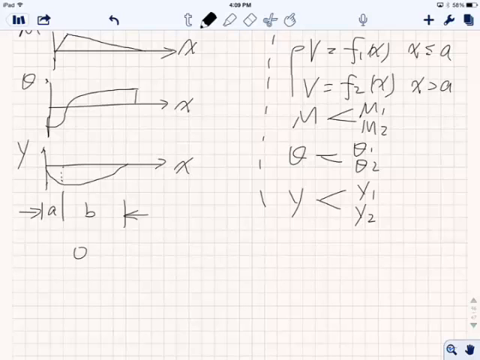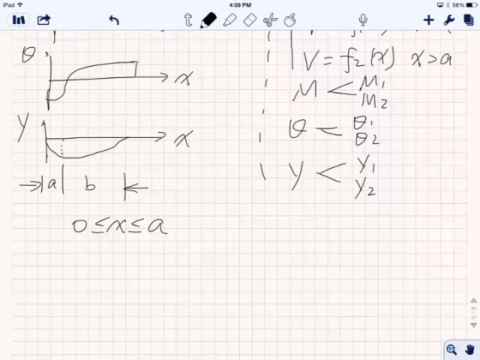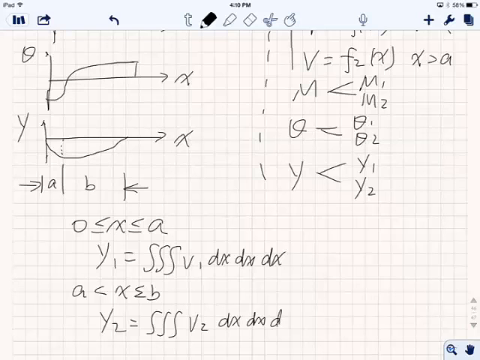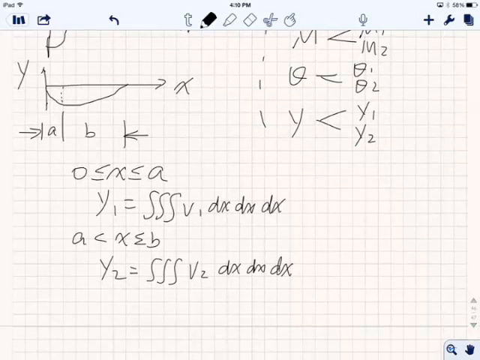So overall, when x is bigger than 0 but smaller than a, you have y1 equal to the integration of your v1 dx dx dx, and then when x is bigger than a but smaller than b, your y2 is equal to the integration of v2.